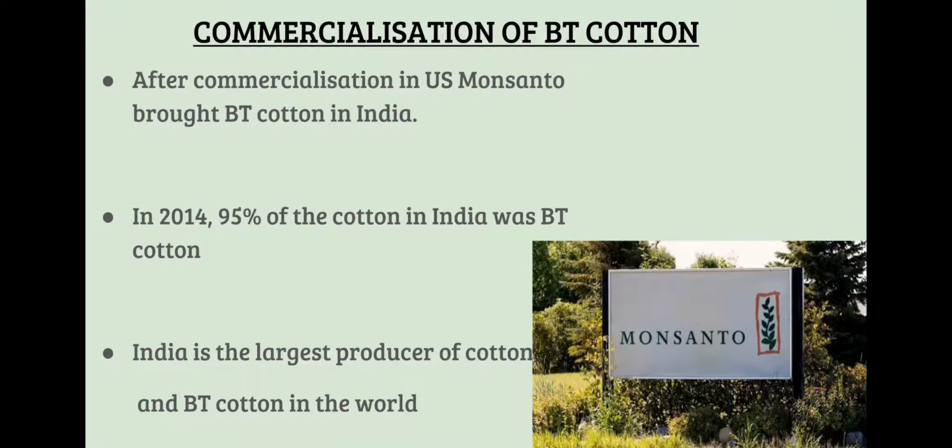And after its introduction, in 2014, it was discovered that 95% of cotton in India was BT cotton. India today is the largest producer of cotton and also the largest producer of BT cotton in the entire world, which is closely followed by China.